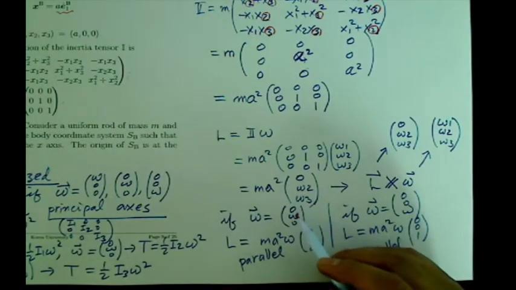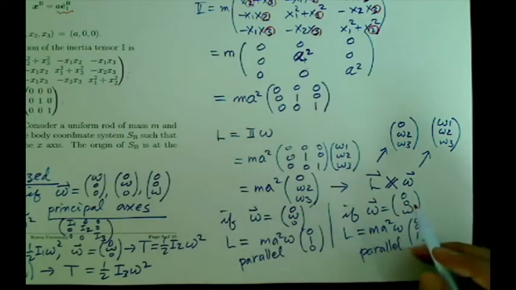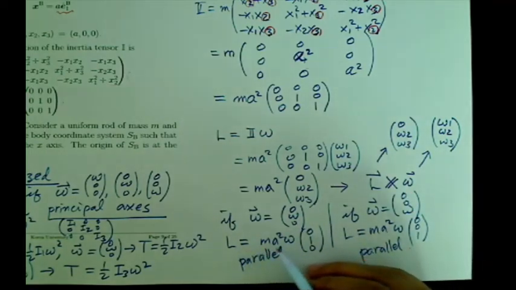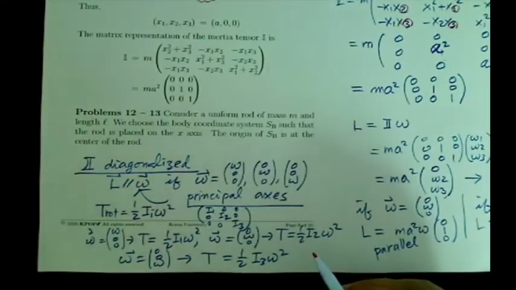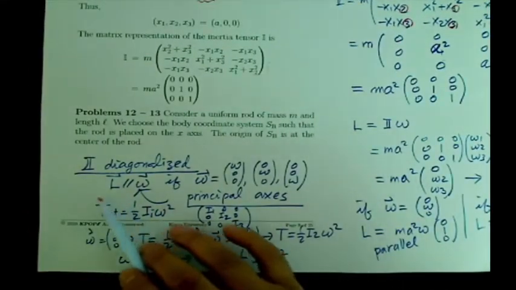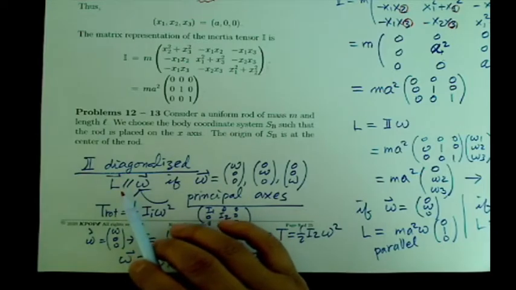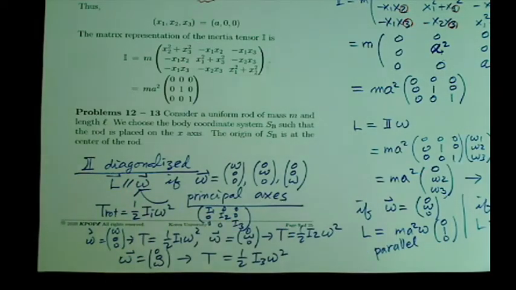Instead, if we choose 0 omega 0 or 0 0 omega, then the orbital angular momentum is still parallel to the axis of rotation. This orbital angular momentum is parallel to omega.